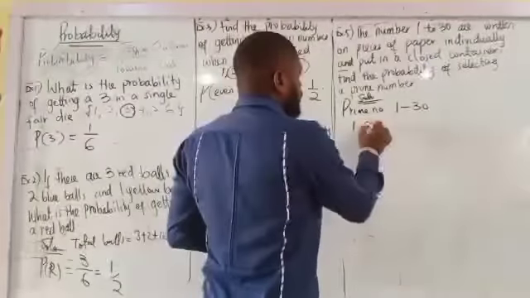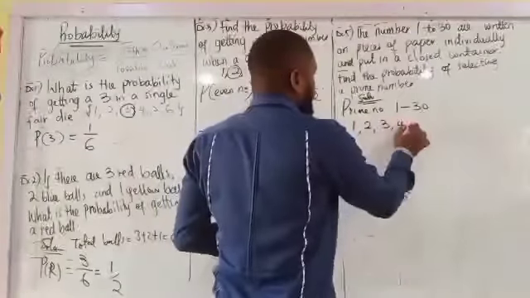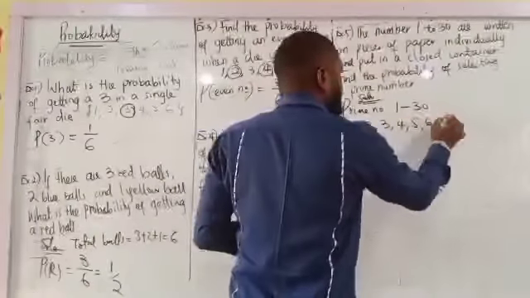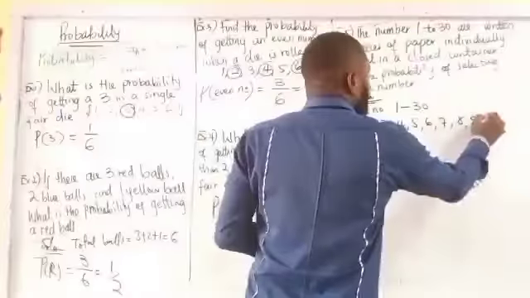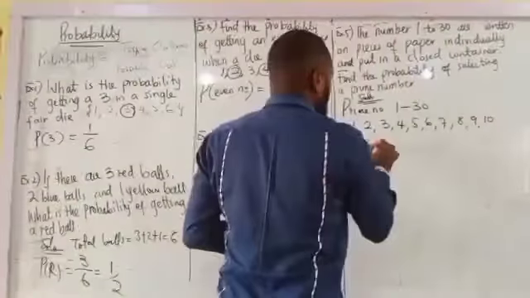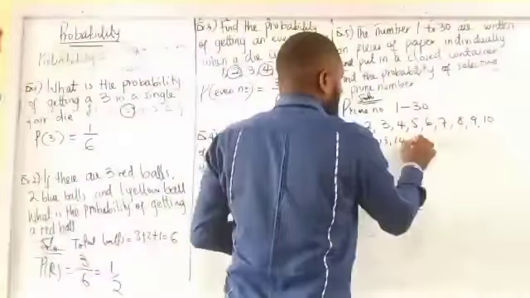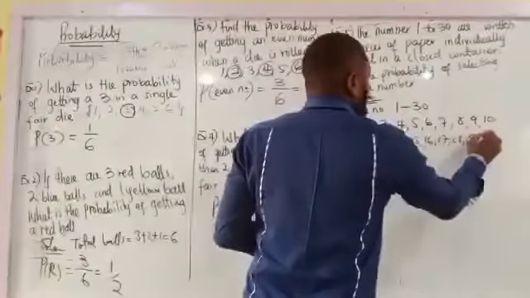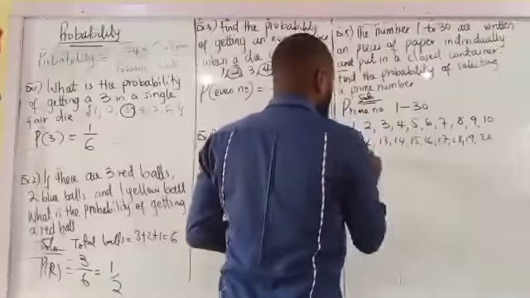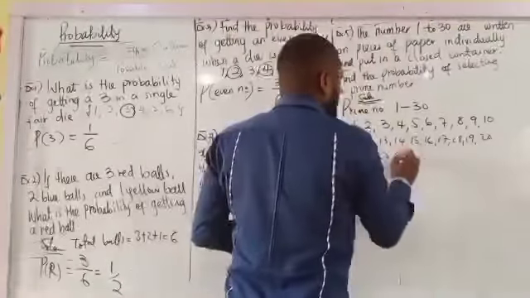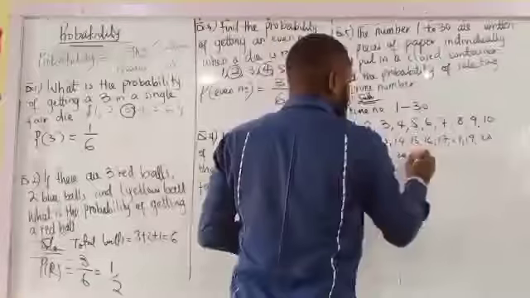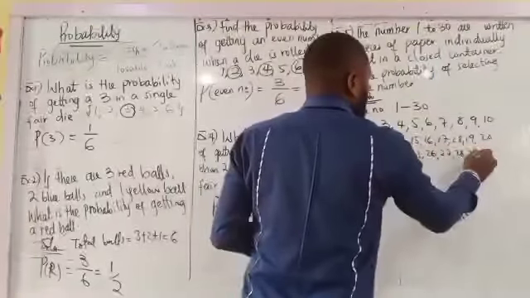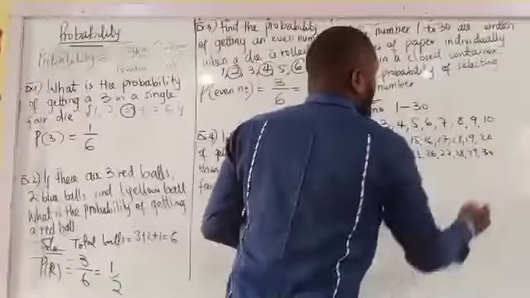So we list the numbers one to thirty. Now, what are prime numbers?